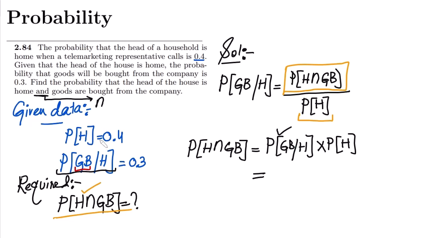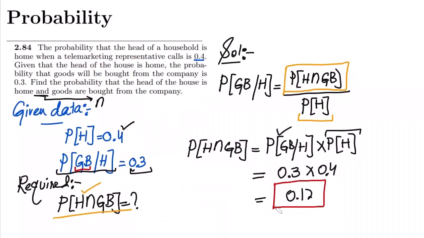GB given H is given, which is 0.3. Writing it here, the probability of H is also already given, that is 0.4. Now multiplying them both, I will get 0.12. So this is basically the probability that the head of a household is home and goods are bought, and this is 0.12, which is here.